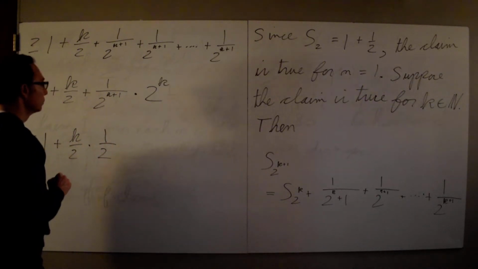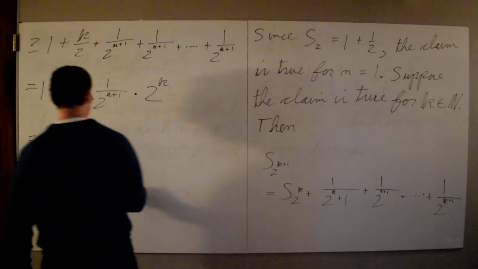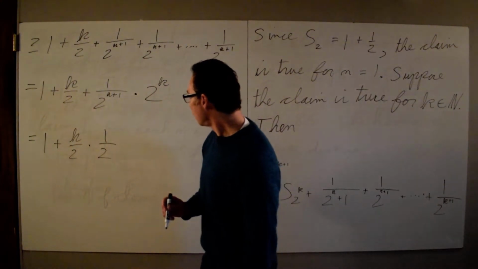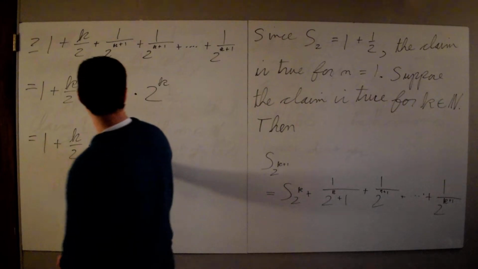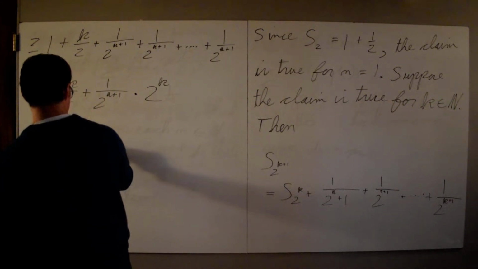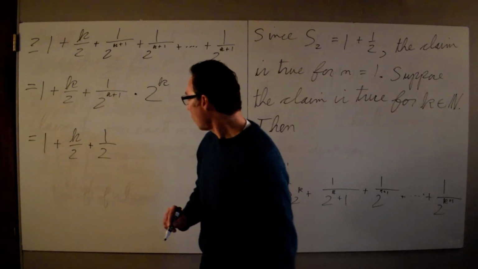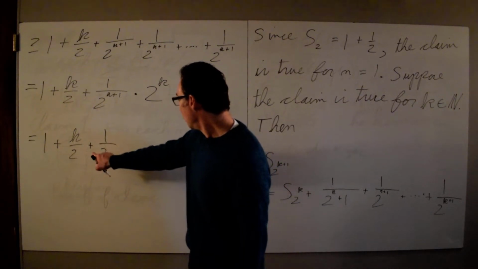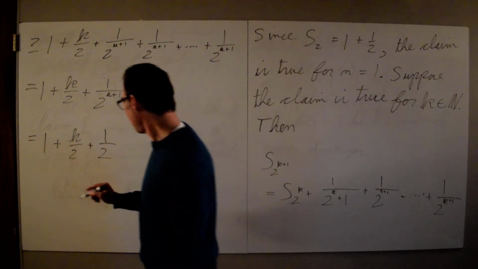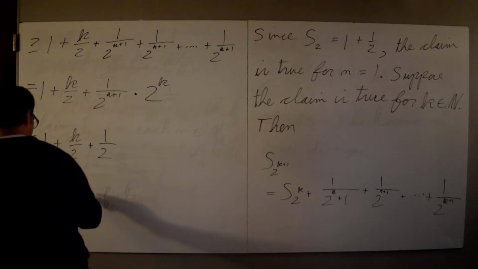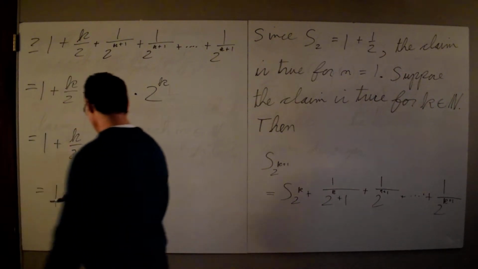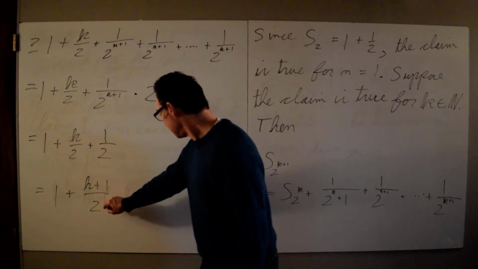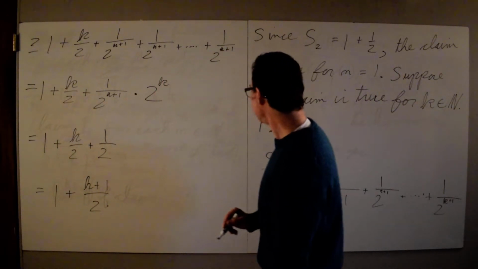So we have 1 plus k over 2 plus 1/2. This is 1 plus k plus 1 over 2, which is what we want.